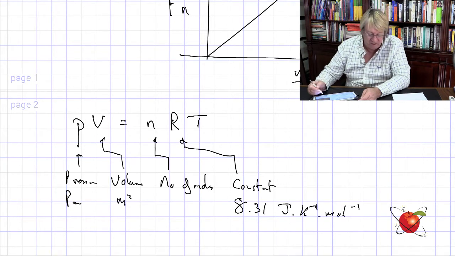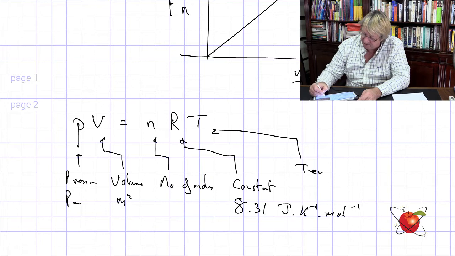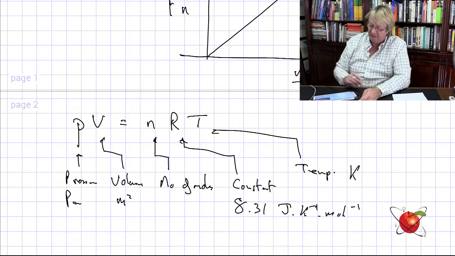It's not really necessary to remember it. It's given in the schedule with its units. And temperature is temperature in Kelvin. Okay. That relates the pressure, the volume, the temperature, and the number of moles of the gas.